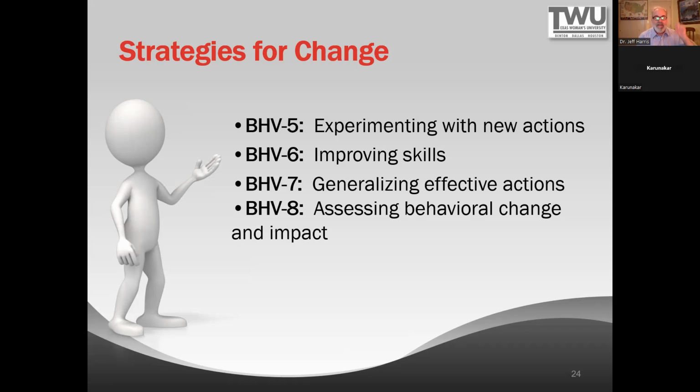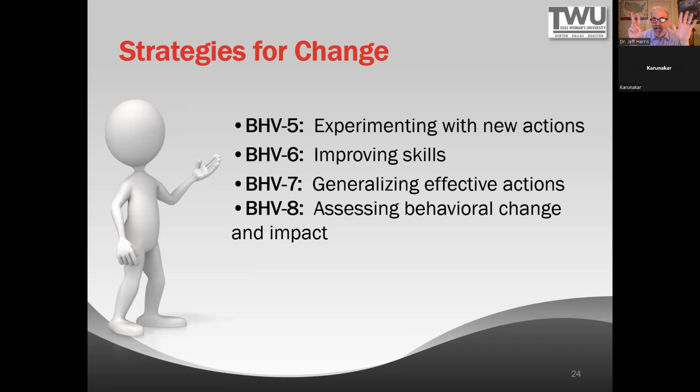So in review, we looked at strategy 5, experimenting with new actions, where we identify behaviors that a client is going to try. Behavioral strategy 6, which is improving skills. So that's the training and the behavioral rehearsal that happens inside psychotherapy with the help and support and coaching of the therapist.